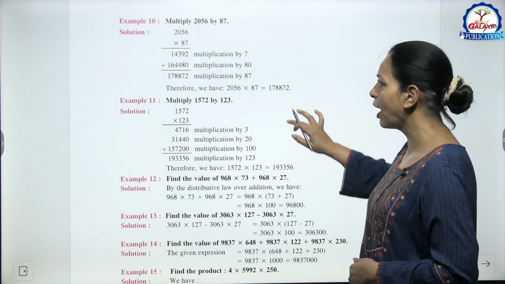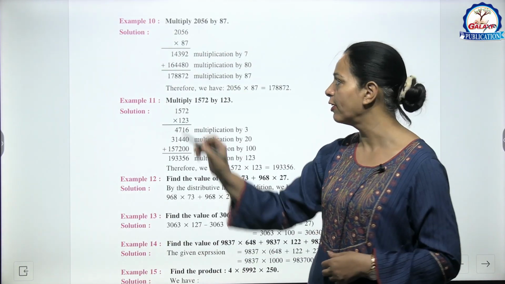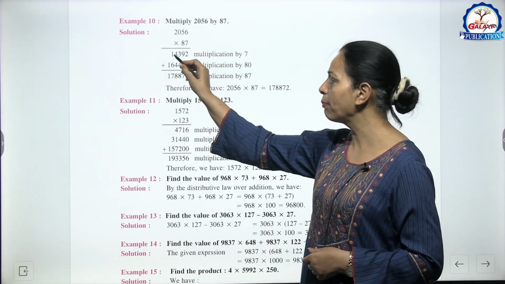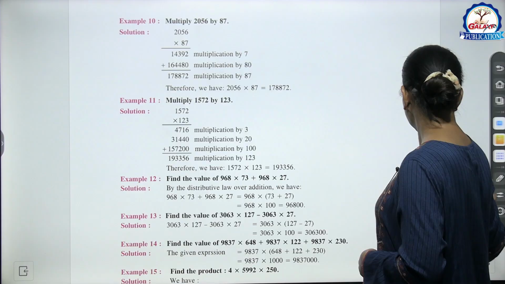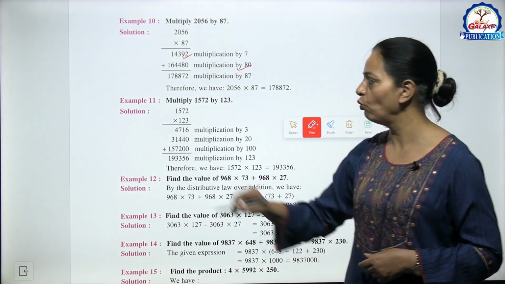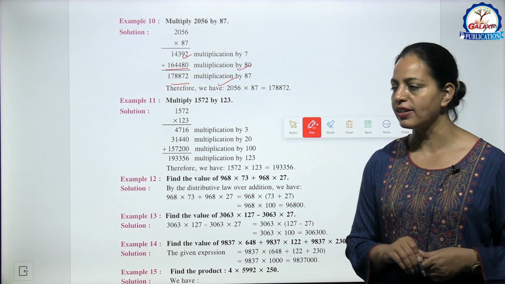Now come to next example 10. Multiply 2056 by 87. So 2056 into 87. First multiply by 7. You will get this number. Okay, then multiply by 80. So you will get this value. Add these two. This is the answer.